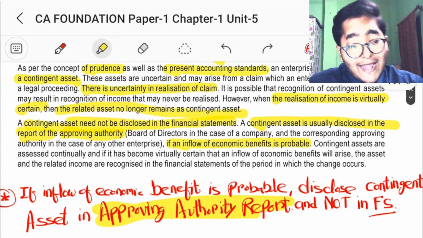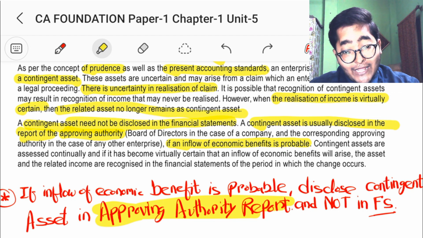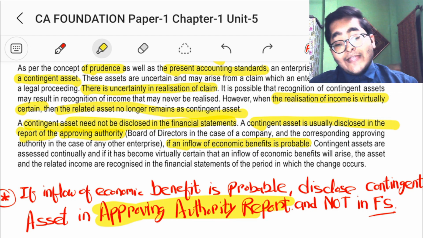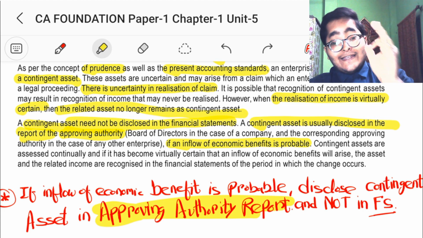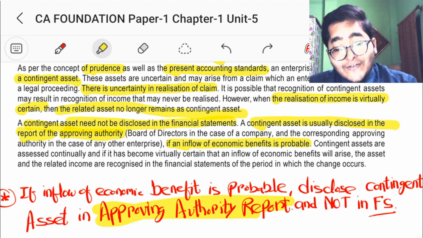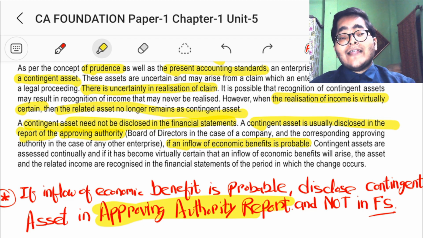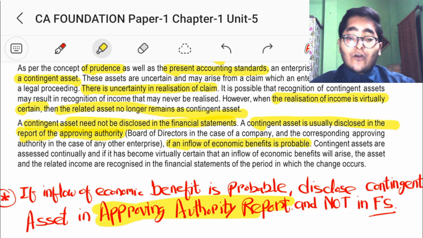So next, contingent assets are assessed continually, and if it has become virtually certain that an inflow of economic benefits will arise, the asset and the related income are recognized in the financial statements of the period in which the change occurs.